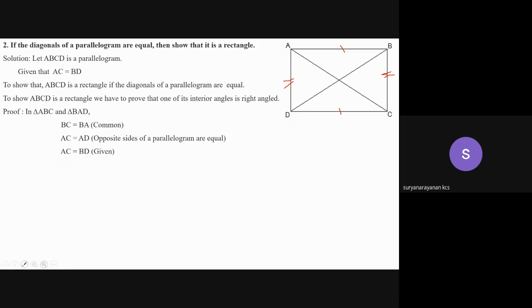So by the SSS congruency rule, the two triangles are congruent. Therefore, triangle ABC is congruent to triangle BAD by the SSS congruency rule. Understood this point, my dear children? How we have shown these two triangles are congruent? Understood this point?